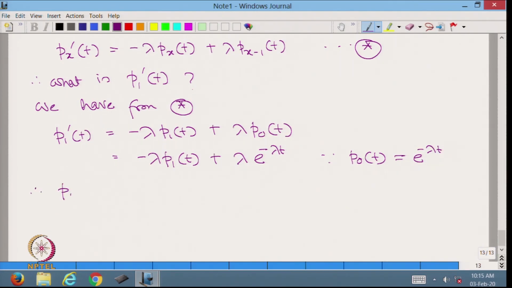Therefore, P1 prime t plus lambda times P1 t is equal to lambda e to the power minus lambda t.